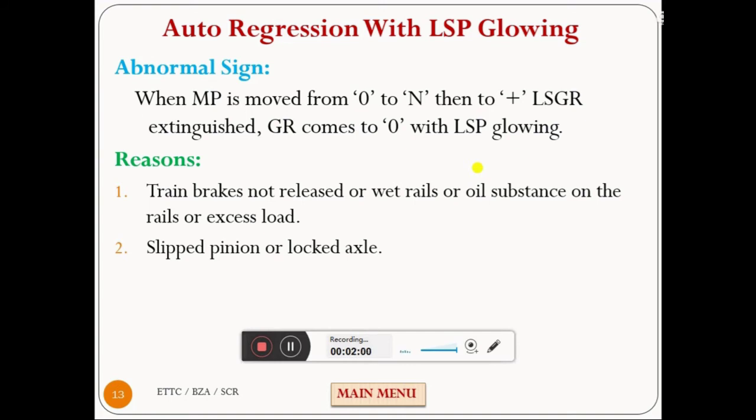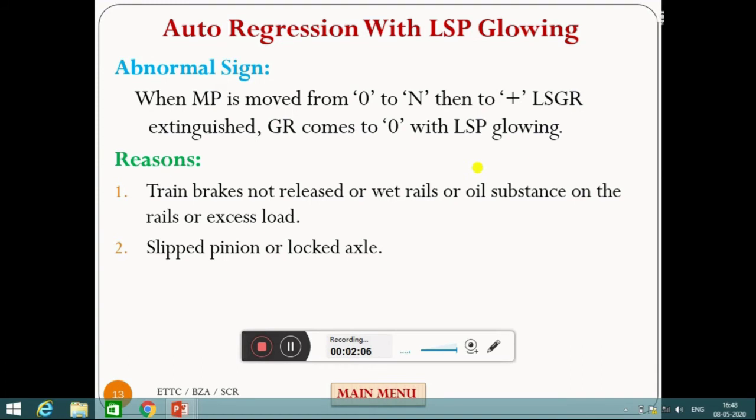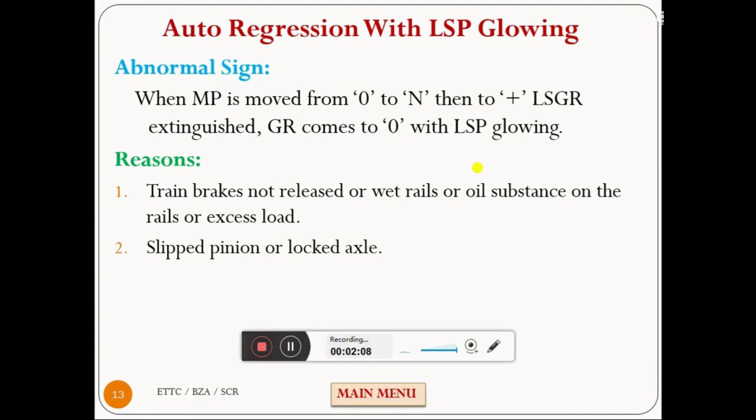That means difference of current on the QD connected branches, and which leads to autoregression with lamp LSP glowing and auto sanding. So the reasons once again: train brakes not released or wet rails or oil substances on the rails or excess load.